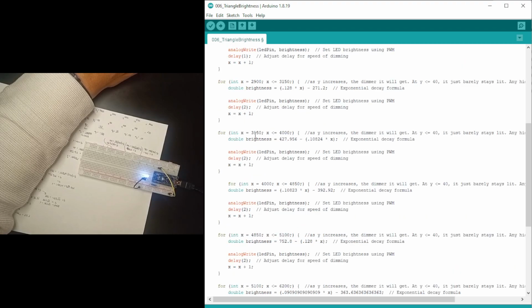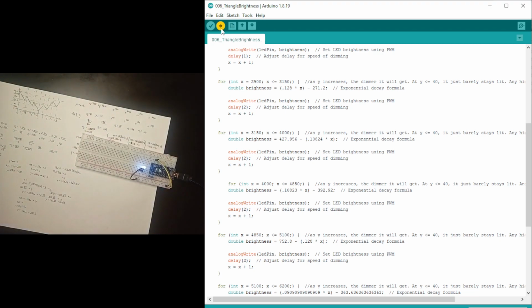Actually, no. 4, yeah, because it goes down, goes up. Okay, yeah. Now it should be symmetrical after the 4-second mark. The supposed 4 seconds.